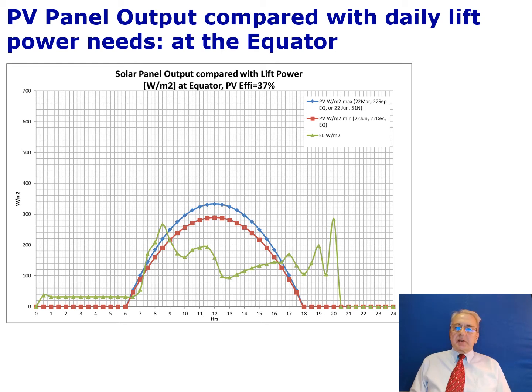It illustrates the maximum, in blue line, and the minimum, in red line, outputs in watt per meter squared of PV panel area, together with the lift power requirements in green, also expressed in watt per meter squared of the panel area. The lift power requirements don't quite correspond to the available sun energy periods during the day and night.